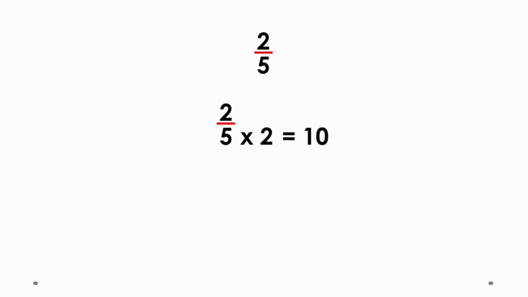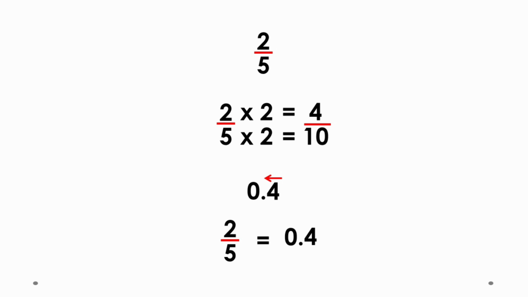So 2 multiplied by 2 gives us 4, and our new fraction becomes 4 by 10. Now we can place the decimal one place from the right to get the decimal figure 0.4. So 2 by 5 is equal to 0.4.